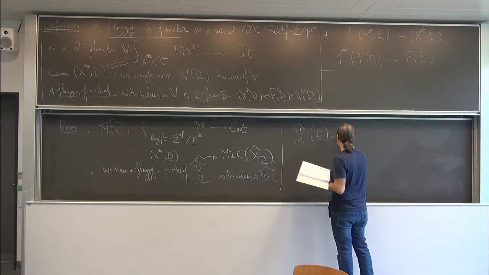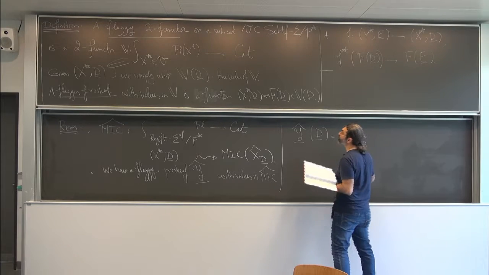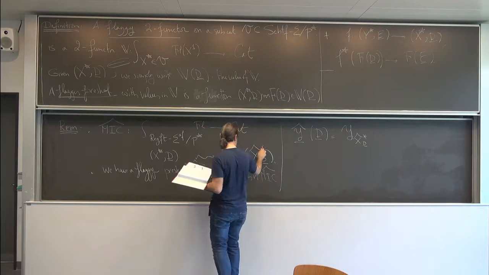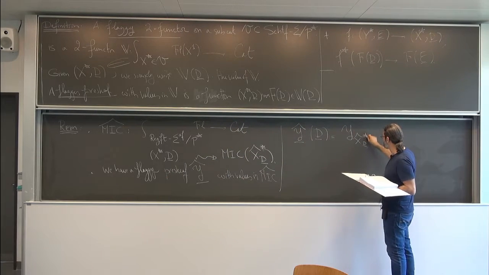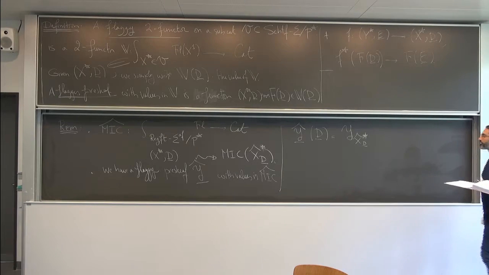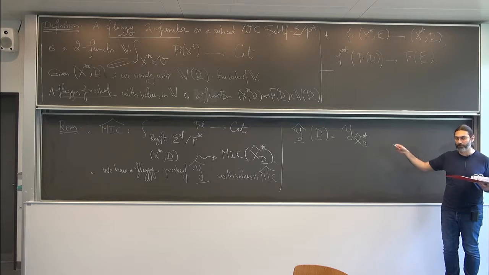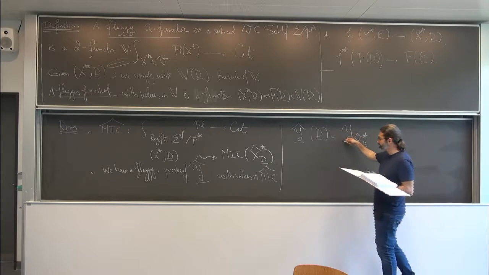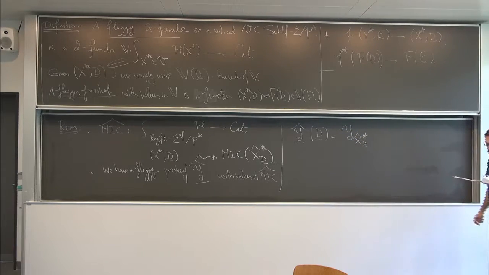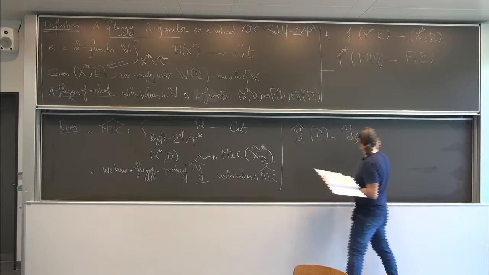This is given by y of X completed at X star completed at D. This we have seen before, and I will maybe recall it later, unless you want me to recall it now. Okay, and remember this is of logarithmic type.